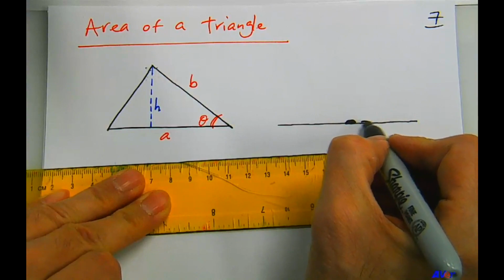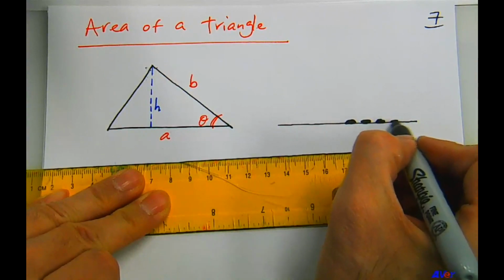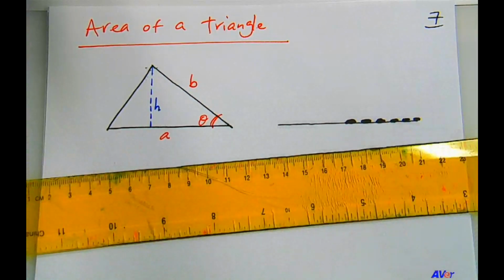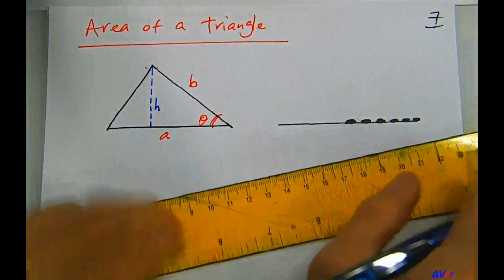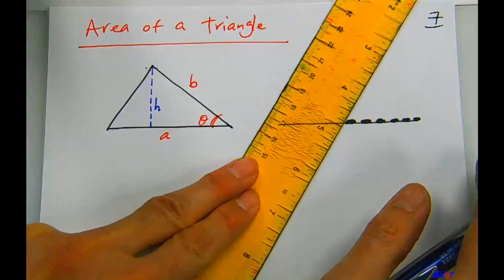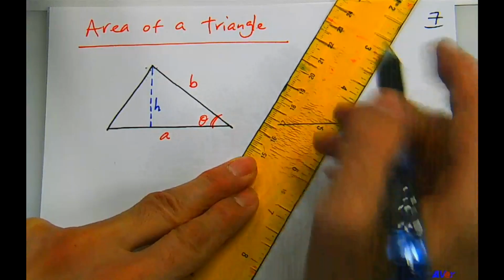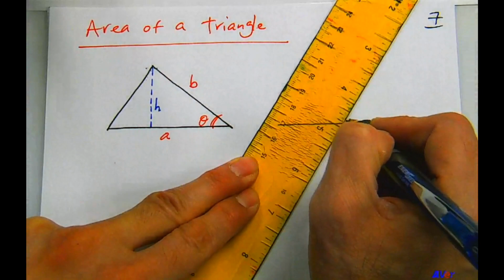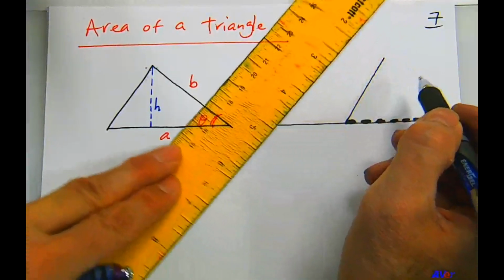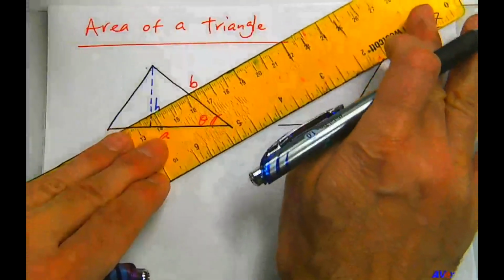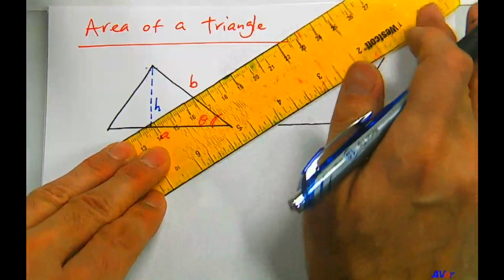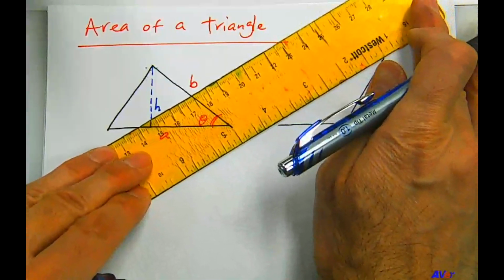So like that, like that. Okay, and then we have this side with an obtuse angle like this. And let's connect these two lines.